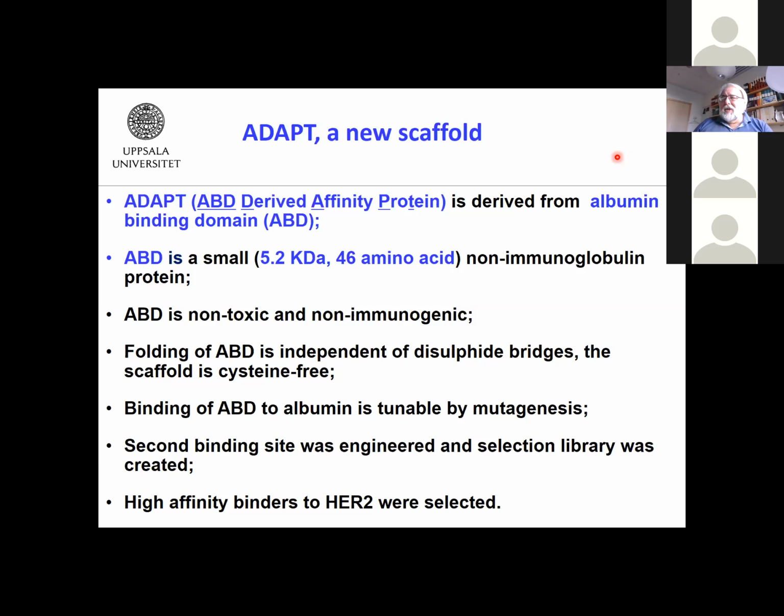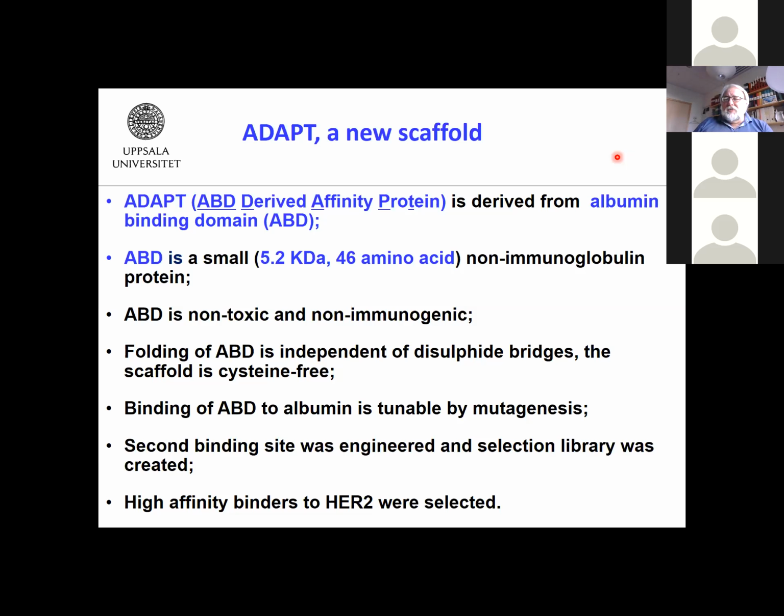It's completely non-immunogenic. And what is important for us is that folding of ABD is independent of disulfide bridges, so it folds spontaneously. It denatures chemically or thermally, but it refolds with a high fidelity, which makes it very, very convenient for labeling. In principle, we can tune the affinity of ABD to albumin by mutagenesis, which is important.